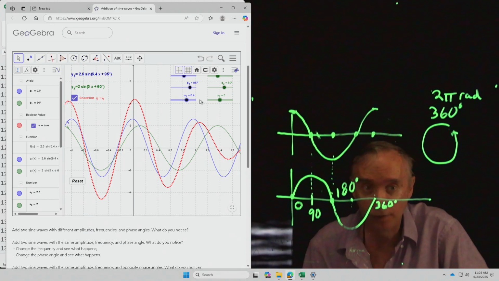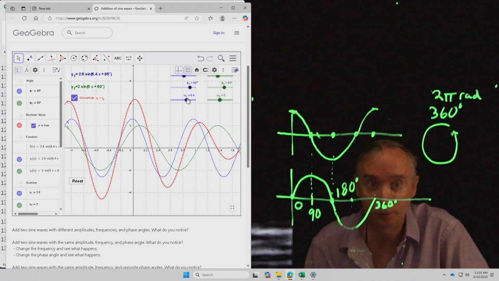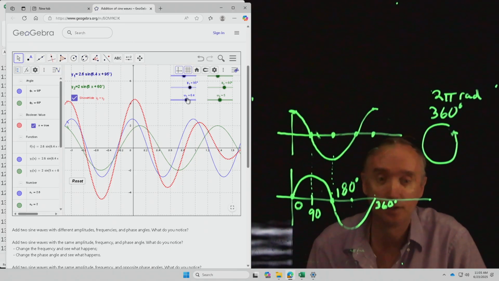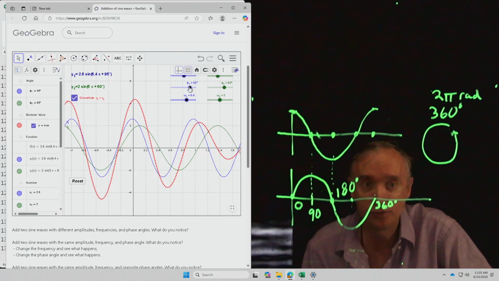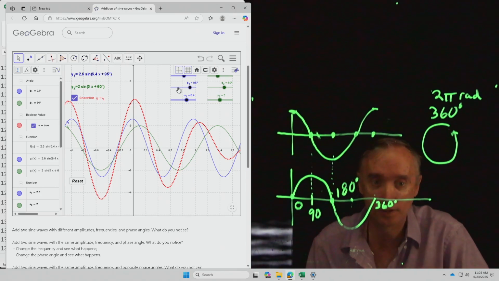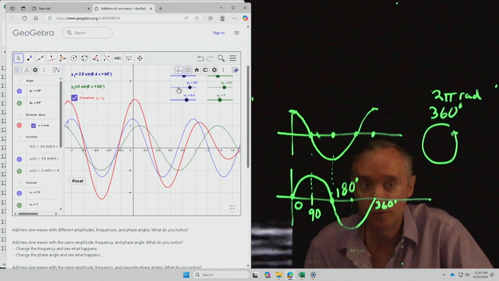Dial that in for the frequency and then the amplitude, and once you've got that figured out, then change the phase angle. That's the third thing that you have to do. First, figure out how we need to fix the frequencies and the amplitudes of the two waves. Then, how do I need to move the phase angle? And then you'll be able to notice constructive and destructive interference.